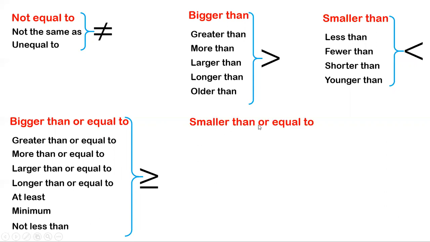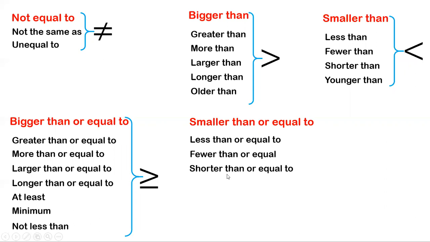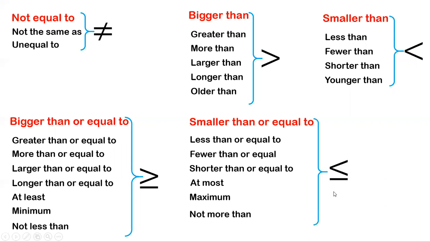Then smaller than or equal to, less than or equal to, fewer than or equal to, shorter than or equal to, at most, maximum, not more than. And this is the symbol to use.